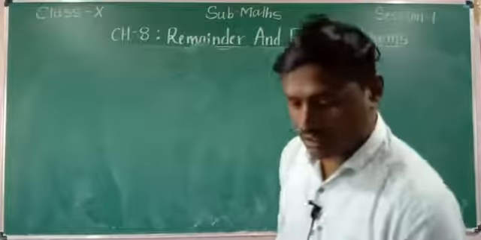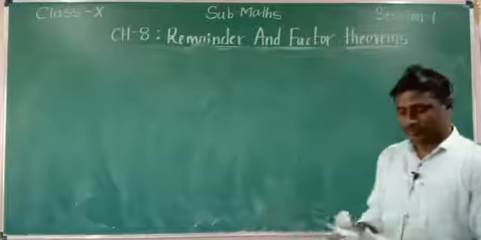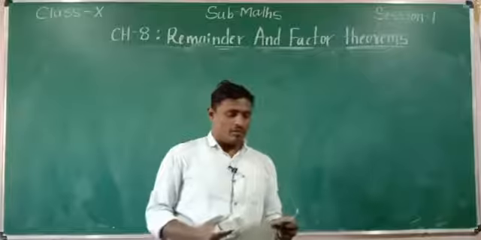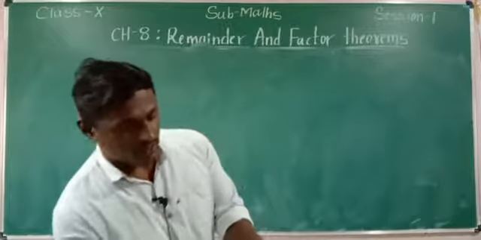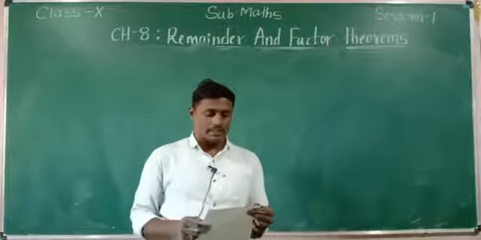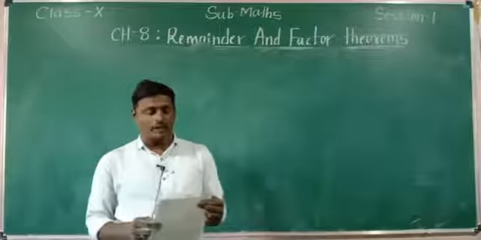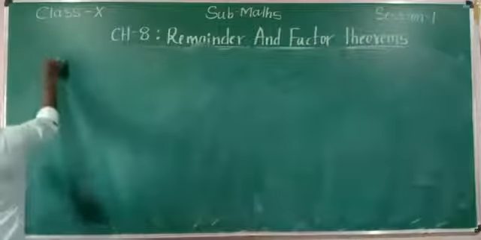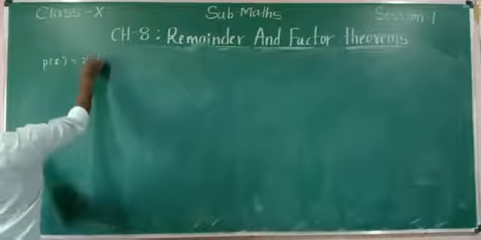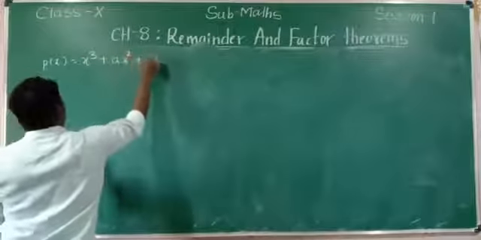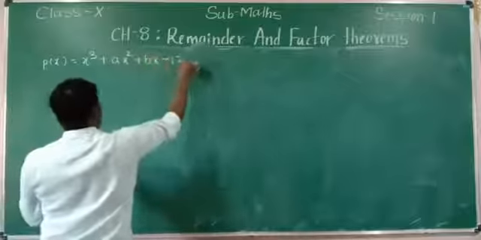See the next question. Find the values of the constants a and b when x minus 2 and x plus 3 both are factors of the expression p of x is equal to x cube plus ax square plus bx minus 12.